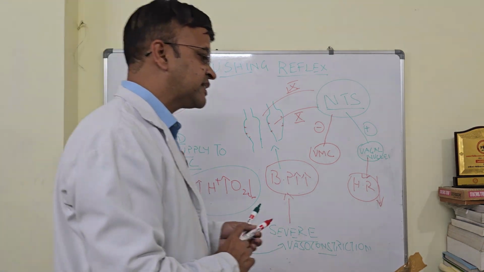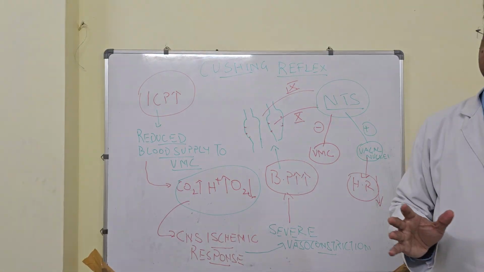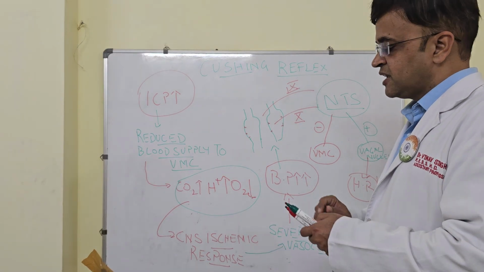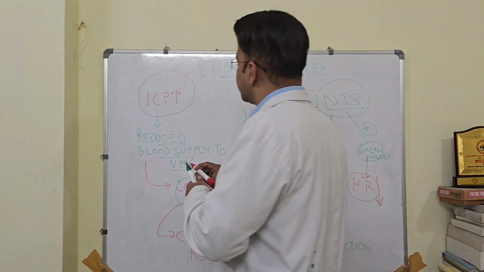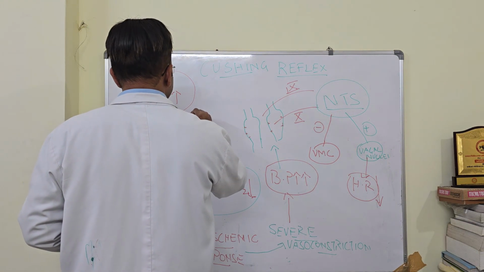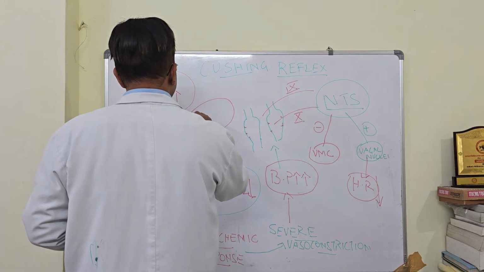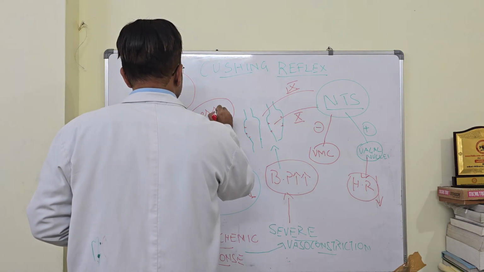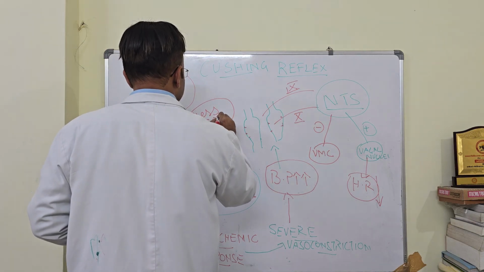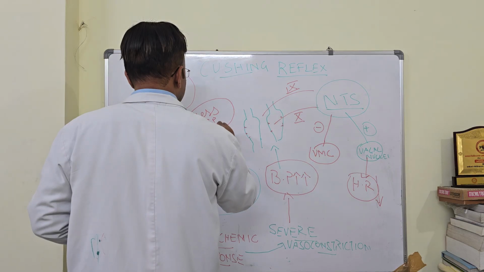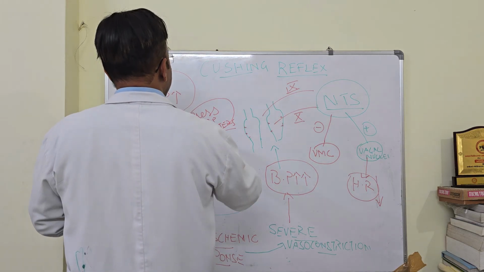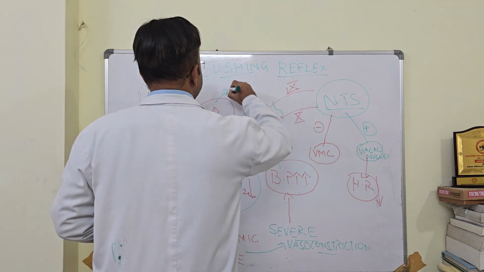Many examiners often ask that what exactly is triad of Cushing reflex, right? Now this increased intracranial pressure is going to press upon your respiratory centers. And since it is going to press upon the respiratory centers, it will produce irregular respiration.